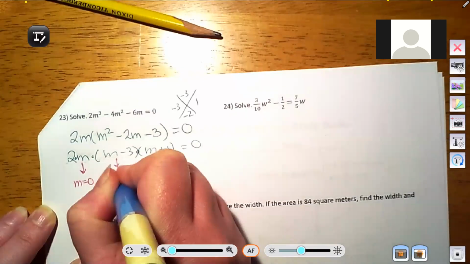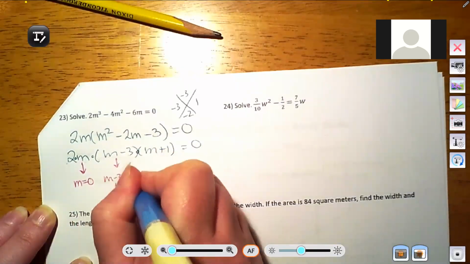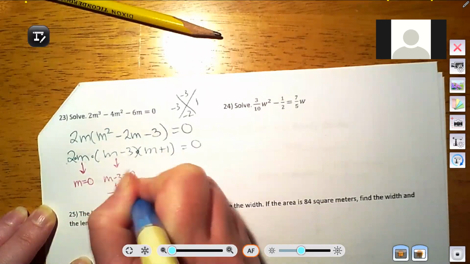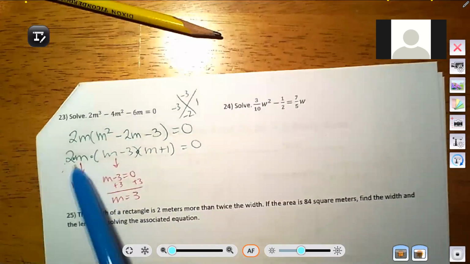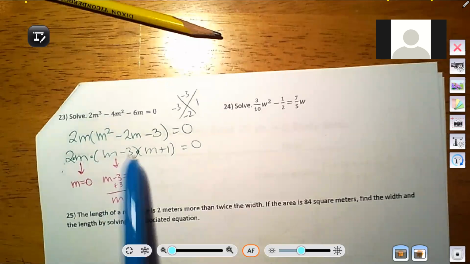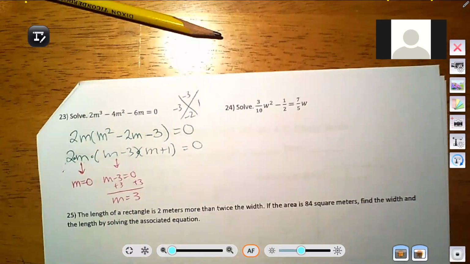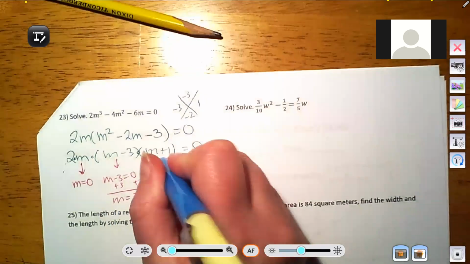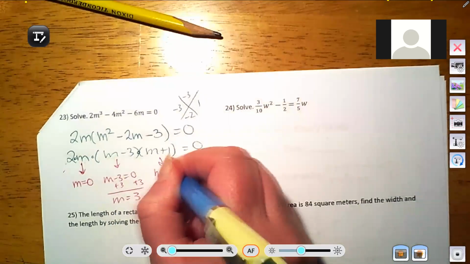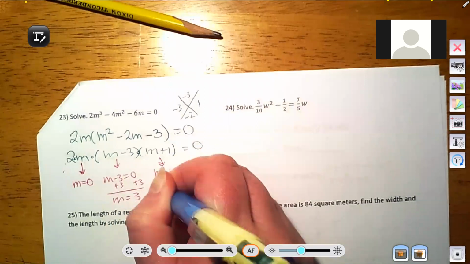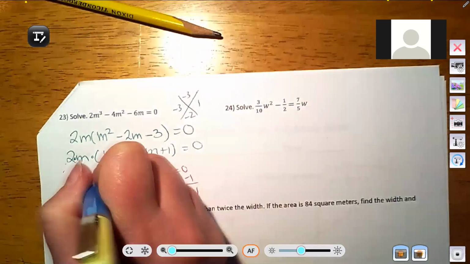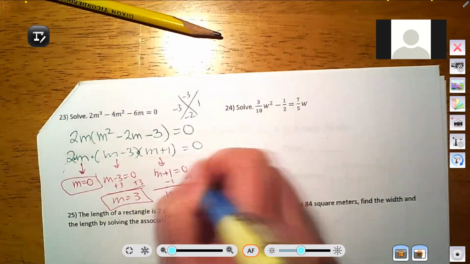If I make this equal to 0, so 3, I'd have 2 times 3 times 0 times 4. Well, again, anything times 0 would be 0. So m could be 3 and make that expression 0. And m could be negative 1. So I have 3 answers.